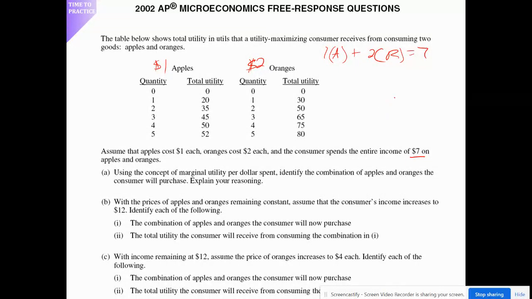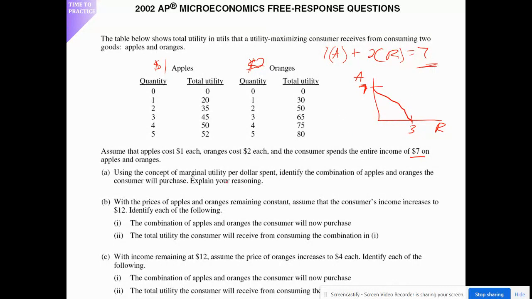Therefore, if I have $7, I can get 7 apples, but oranges are $2 a piece, so I can only get 3 oranges. So that would be 3 right here, and that would be my budget constraint, given this information.